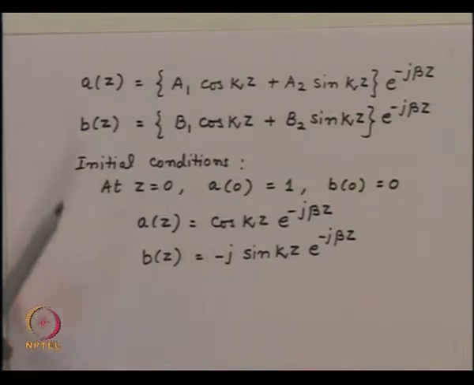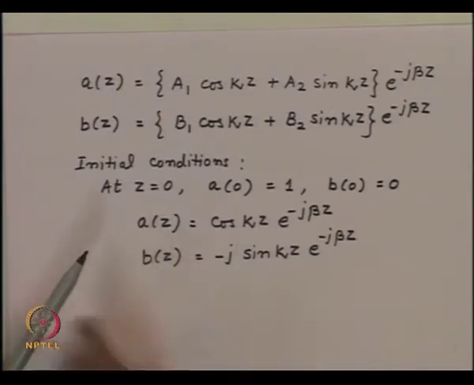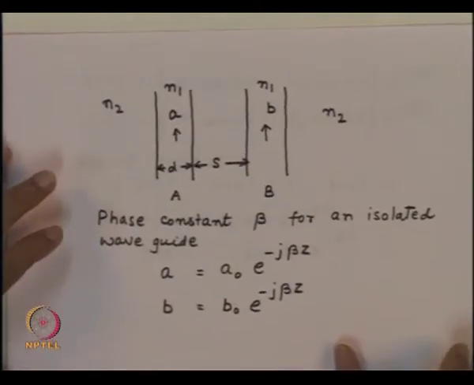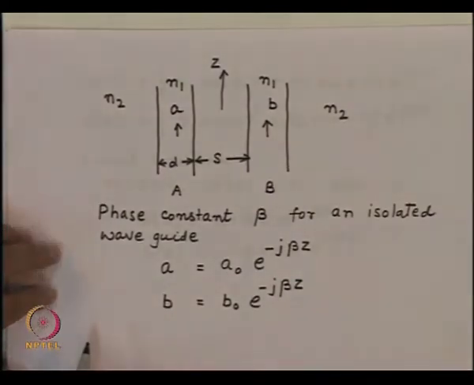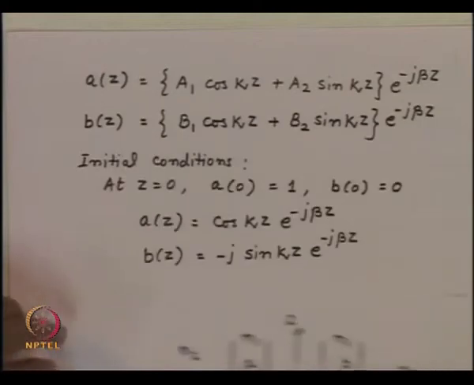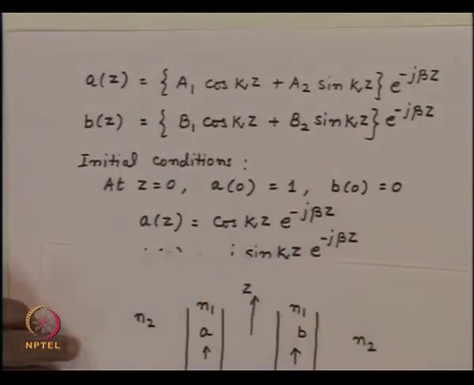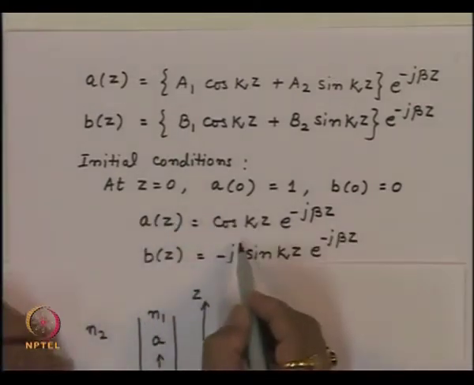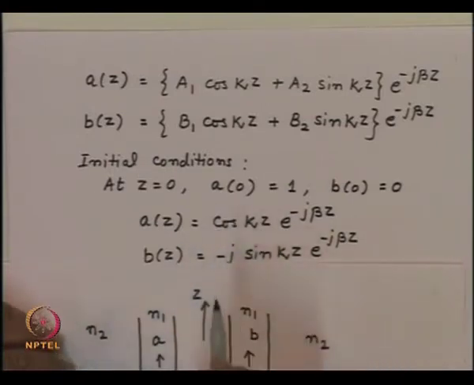So what you see now is that if I consider one of the waveguides, let us say waveguide A, as I move along this waveguide in the z direction, and z direction is along this, we have a phase variation which is e to the power minus j beta z. So the wave is traveling in this direction with phase constant beta. But what we now find is that the amplitude of this wave has a variation which is cosine of kz.